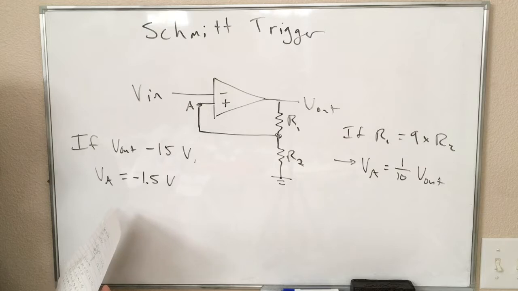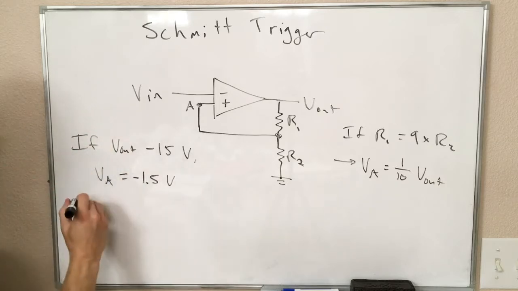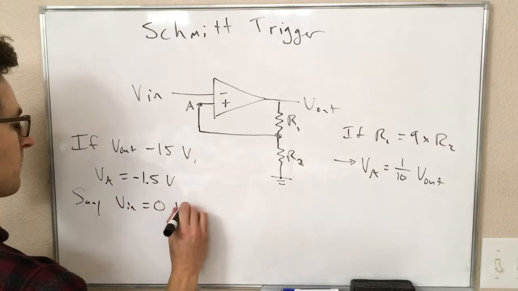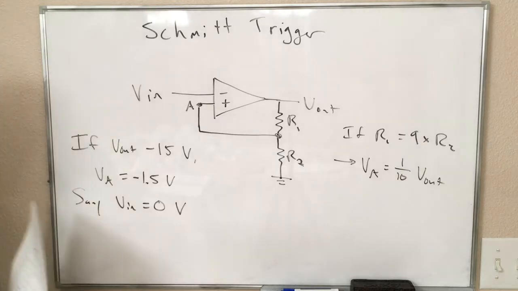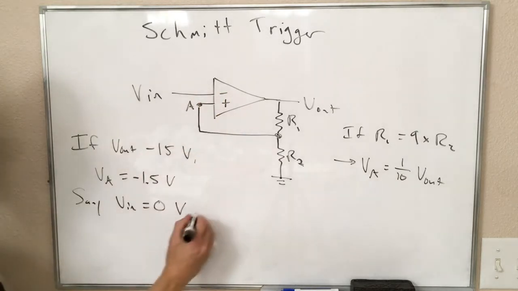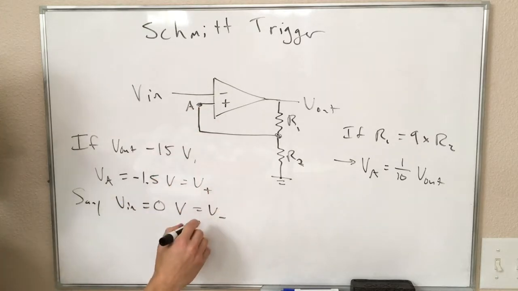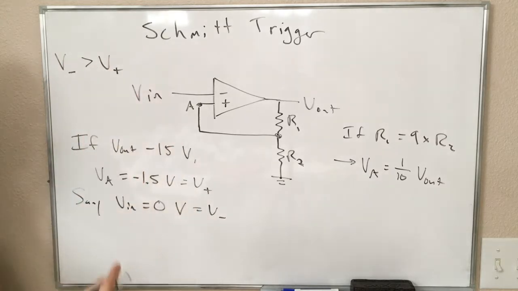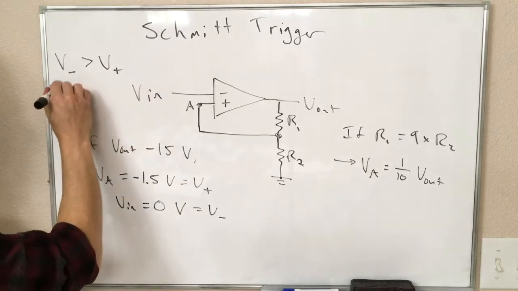Given this starting circumstance, let's also say that Vin is at 0 volts. Is our system happy? Well, Vin is V minus, and VA is V plus. So V minus is greater than V plus, and the difference between those is 1.5 volts.